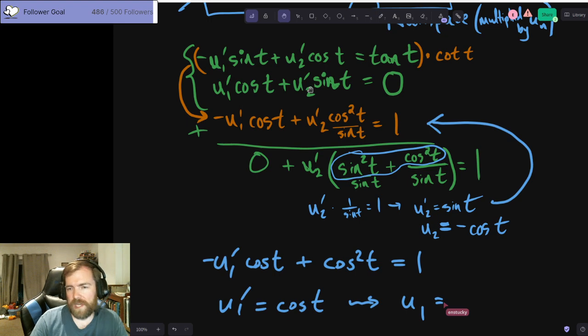And then which one's it going to help the most? Well, if you multiply it by cosine, it's going to get sine cosine, so that's a little gross. If you multiply it by sine, it's going to be sine squared. Okay, maybe that'll work. But in this one, right, it actually just gets rid of your sine of t down here. So that makes it a bit nice. We're left with a cosine squared, which then also divides out when we shift it on over.